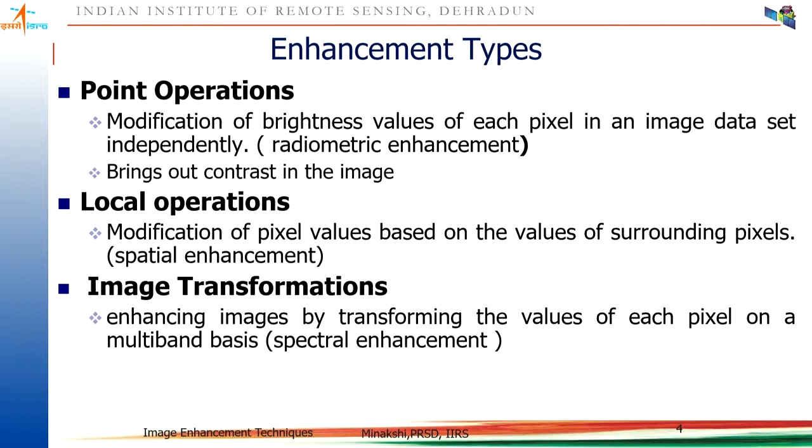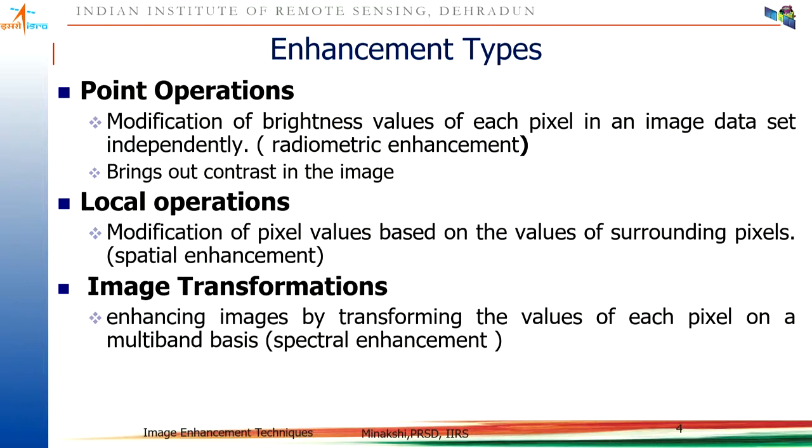You have a point value and you are modifying that point value. Some remote sensing specific image processing software call it radiometric enhancement. These point operations bring out contrast in the imagery, so they are also called contrast enhancement techniques. Point operations, radiometric enhancement, and contrast enhancement are one and the same technique.